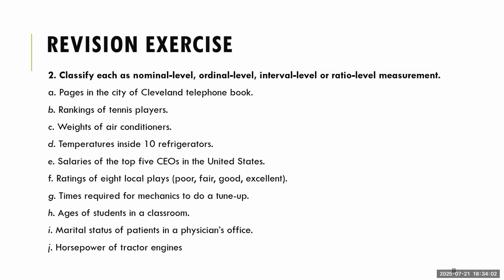If the answer is no, then it's measured on the interval scale. But if the answer is yes, it's measured on the ratio scale. Just know that the ratio scale also has all the properties of the interval scale, except that it has a true 0 point.